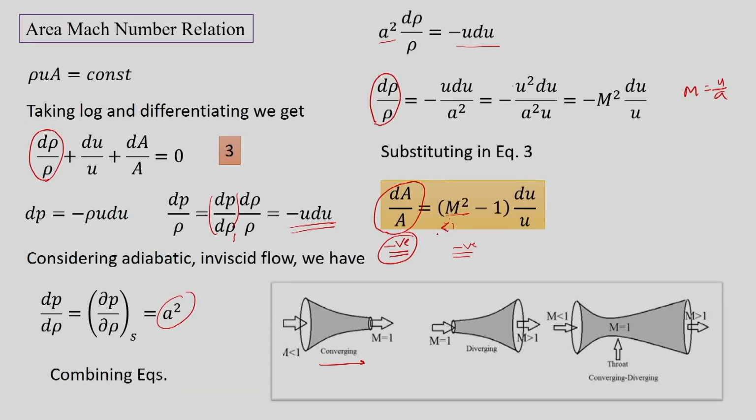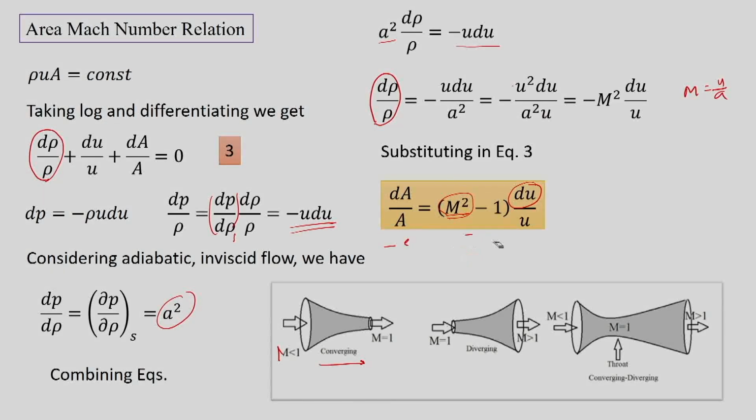If Mach number is less than 1, then this term will be negative. If this term is negative, then we have to have the total product negative, so du becomes positive. That means when area is decreasing in a subsonic flow, velocity increases. So, this becomes the nozzle for subsonic flows.